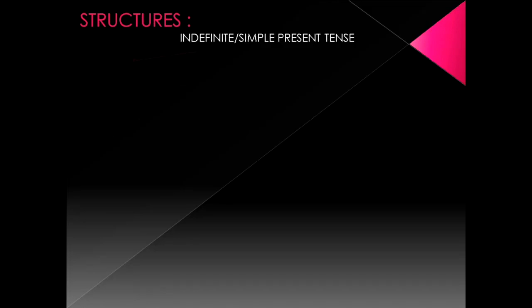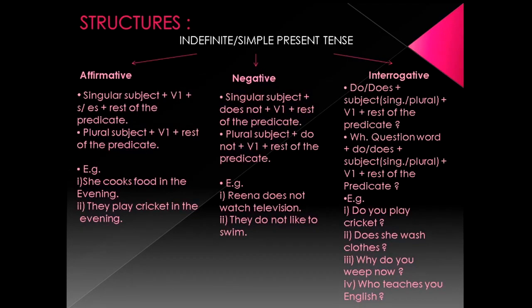To learn the structures of different types of sentences in simple present tense. Now, to begin with, I'll first talk about the affirmative sentence. Now, affirmative sentence means a positive sentence. Now, here you can see that the structures which I have given here, I have divided into two parts, with singular subject and with plural subject so that you can learn in a convenient way.